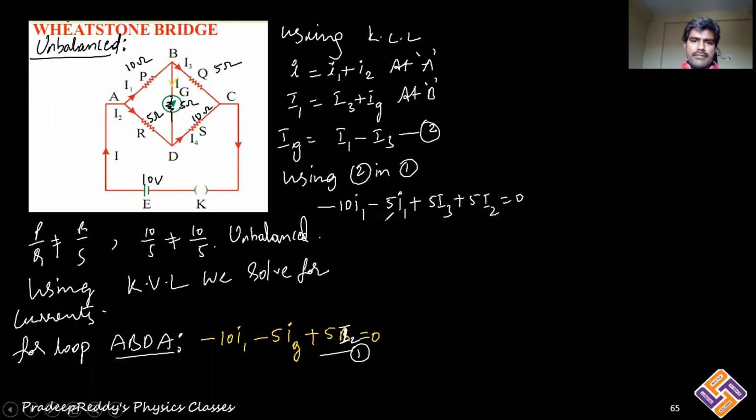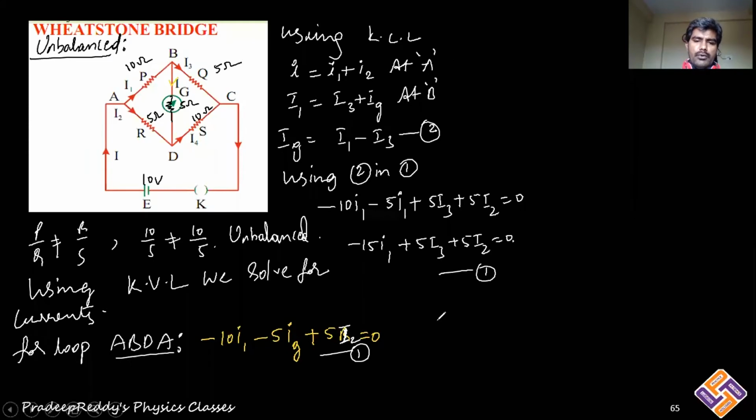Minus 10 I1 minus 5 I1, minus 15 I1 plus 5 I3 plus 5 I2 is equal to 0. Okay, so this is equation number 1. Three unknowns we have, I1, I2 and I3.